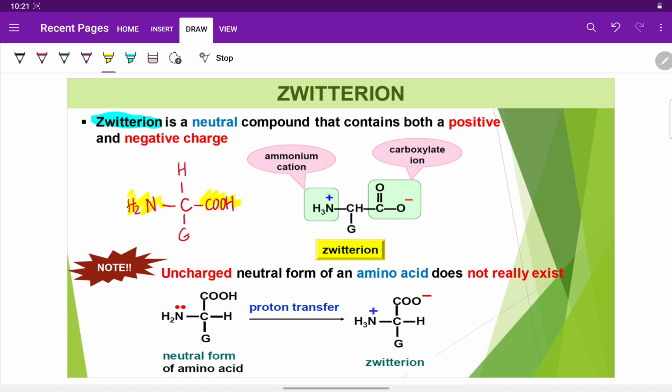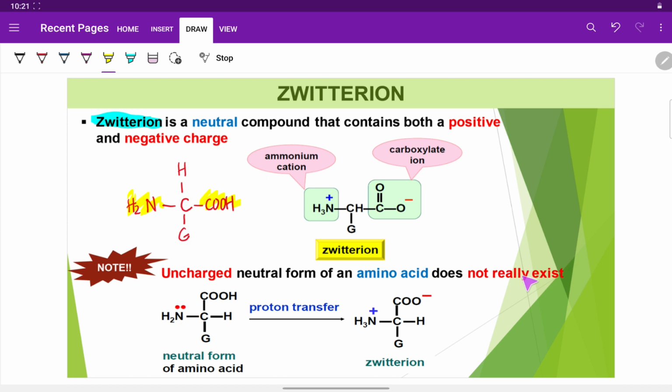Okay, macam mana ion dia? So, the ion will be, hujung dekat sini, on the carboxyl group, kita akan ada carboxylate ion. On the amino group, kita akan ada ammonium cation dekat sini. Yang mana apa yang berlaku adalah, there will be proton transfer.